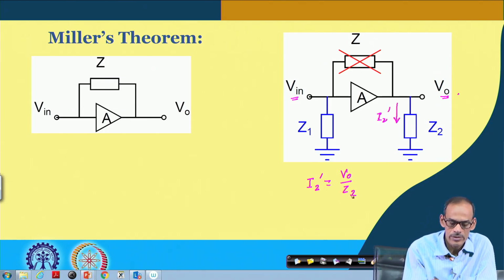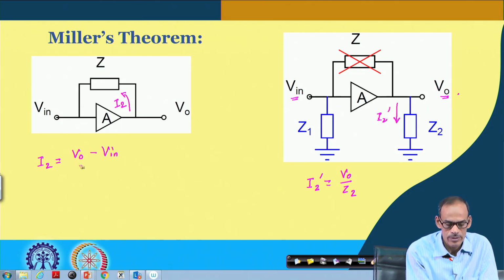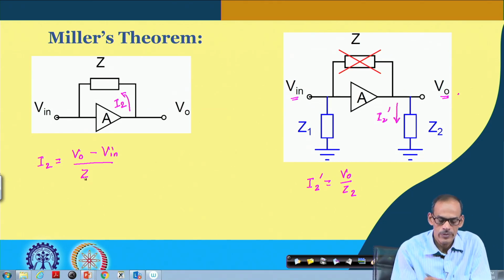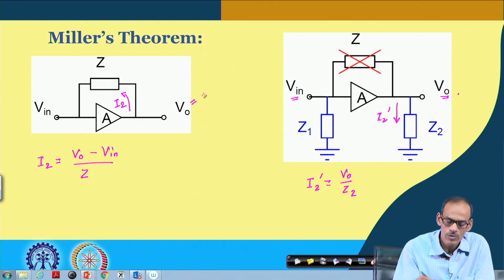On the other hand, the current flowing through this circuit, let me call it I2, equals V o minus V in divided by Z, and we know that V o equals A times V in.